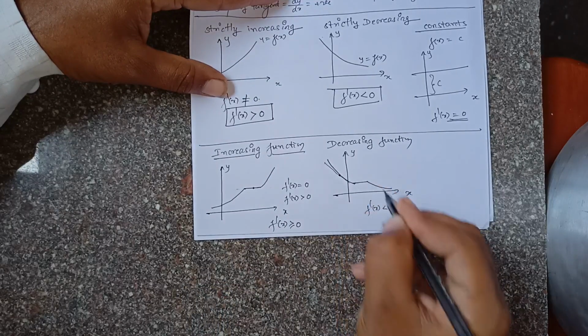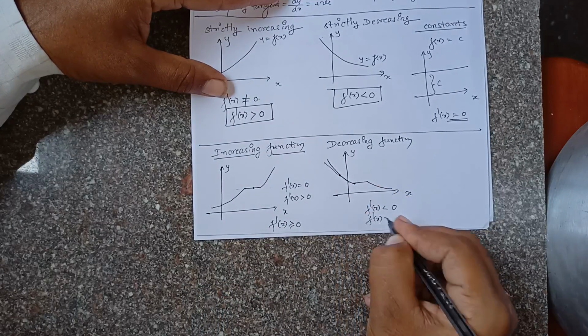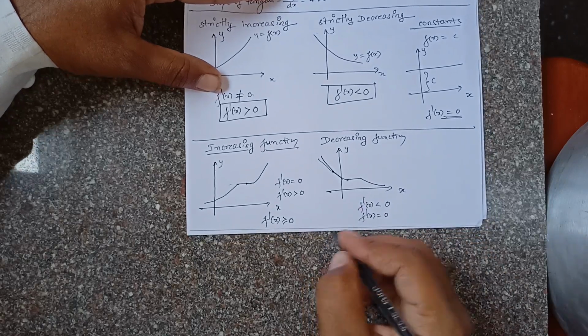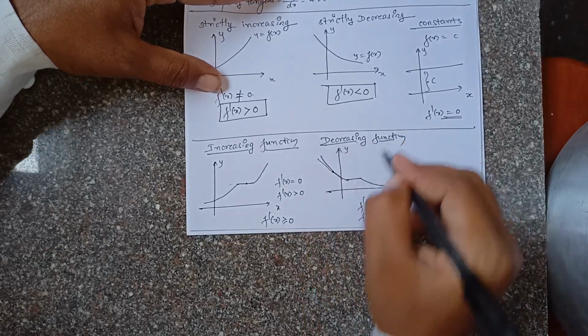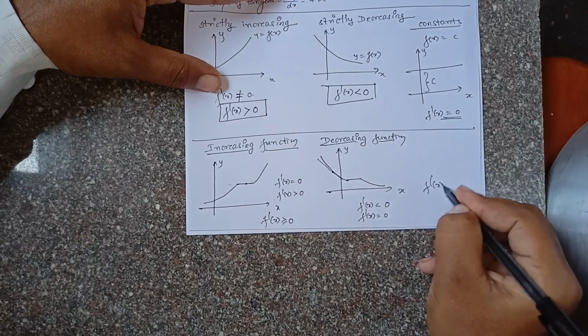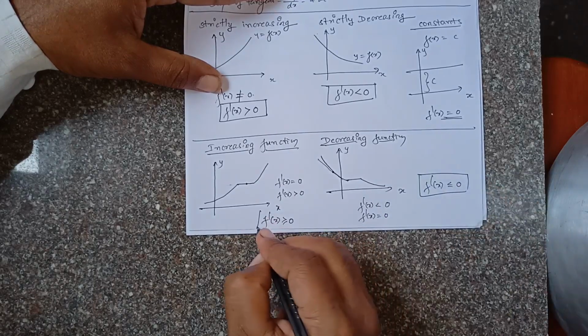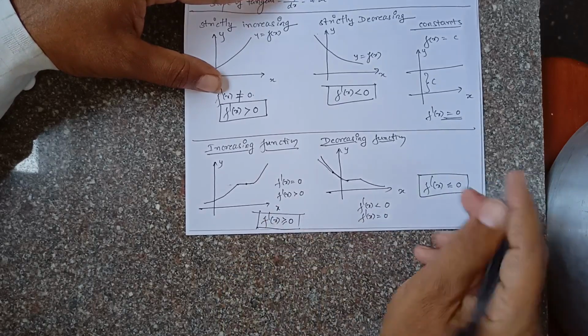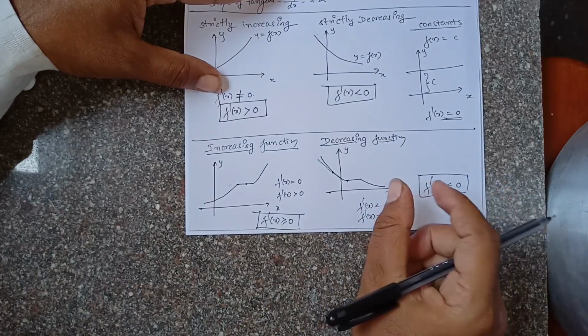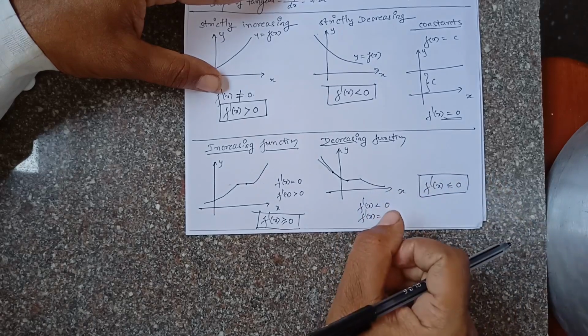And if you consider this point, what about f dash of x? f dash of x is equal to 0. So what is the condition we will write for decreasing functions? That is, f dash of x is less than or equal to 0. If f dash of x is less than or equal to 0 in that domain, we say the given function is decreasing in that domain.